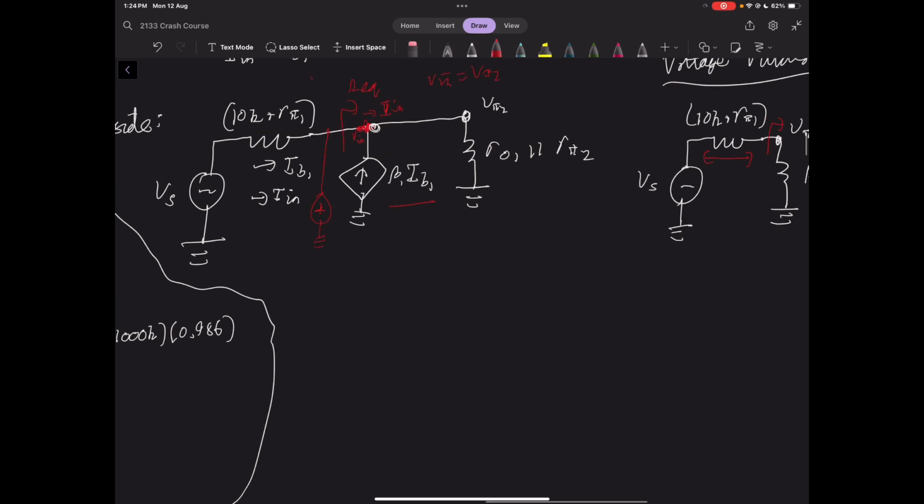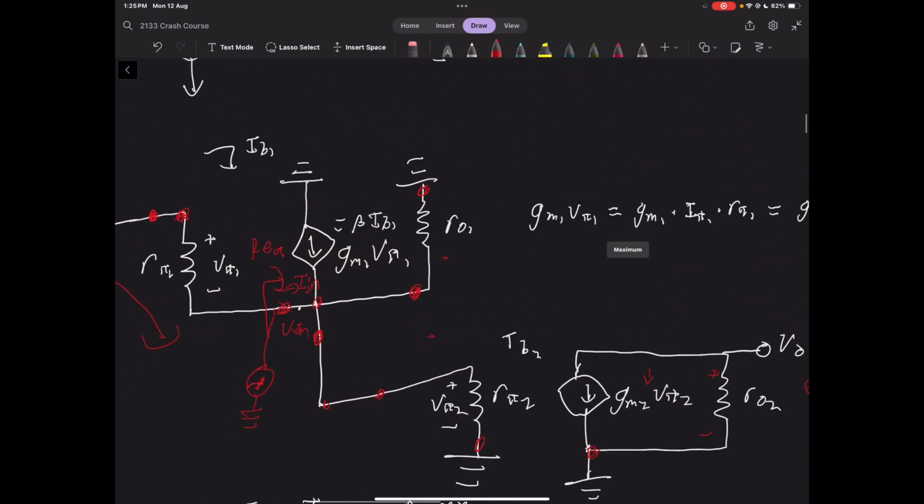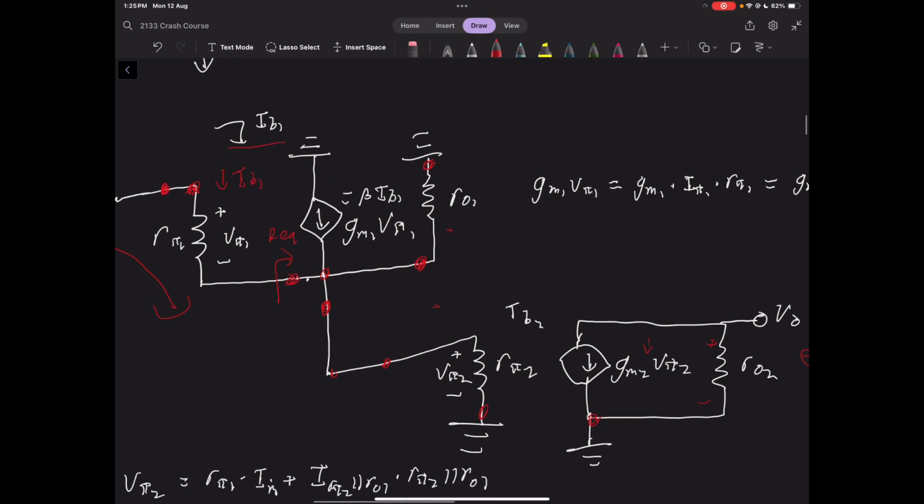So over here, IB1, that's the base current, is the same as I in. Again, if we refer back to this circuit, let me tidy all this up. We're looking at the equivalent resistance here from this point. This is obviously our base current, as we said earlier, and this would be equivalent to our input current here.